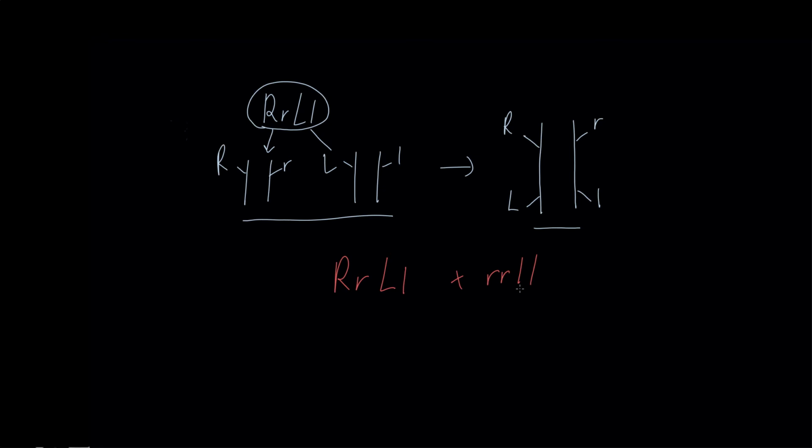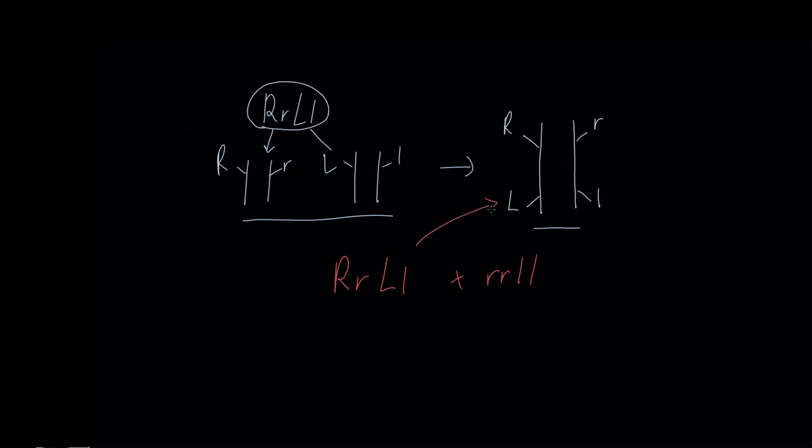Now, normally the gametes that we would get from this organism would be maybe this big R with this big L, and then this big R could go with this little l, etc., etc. But remember that now the genes are on the same chromosome.